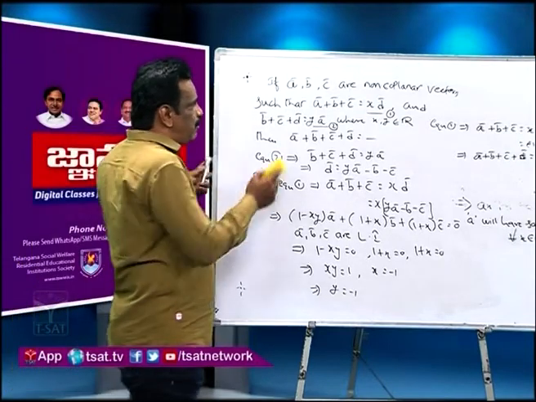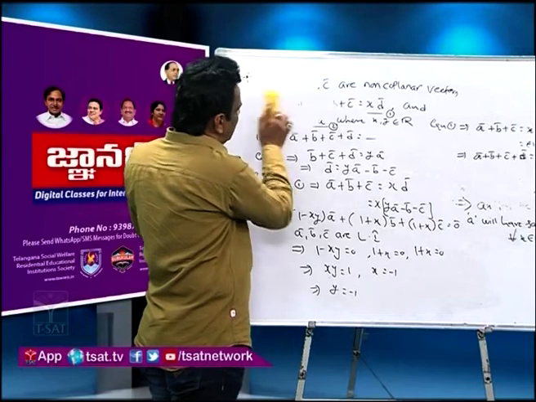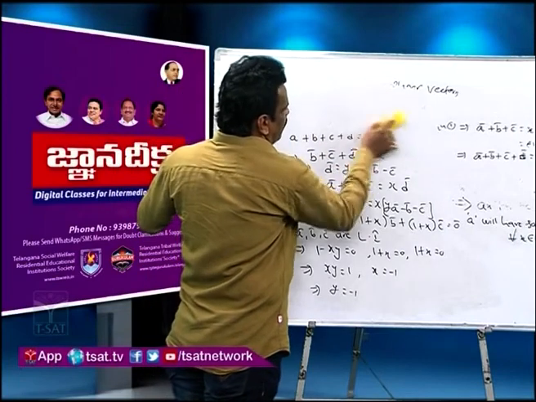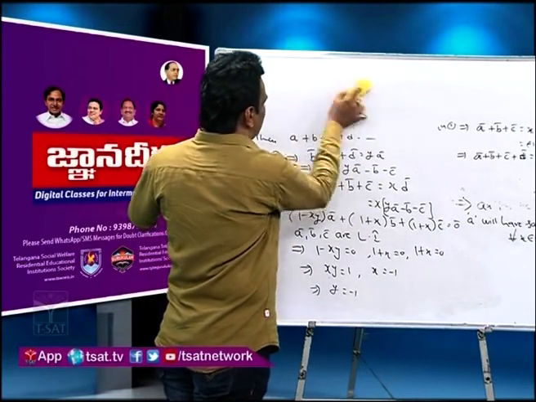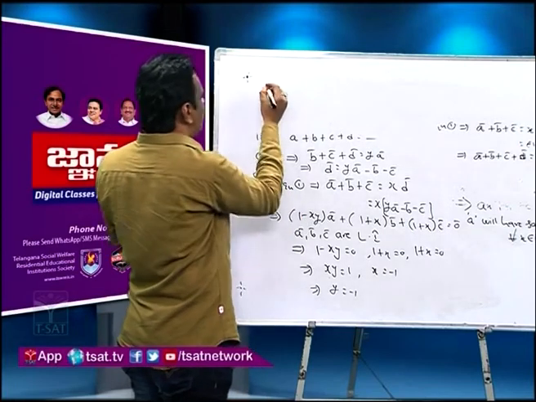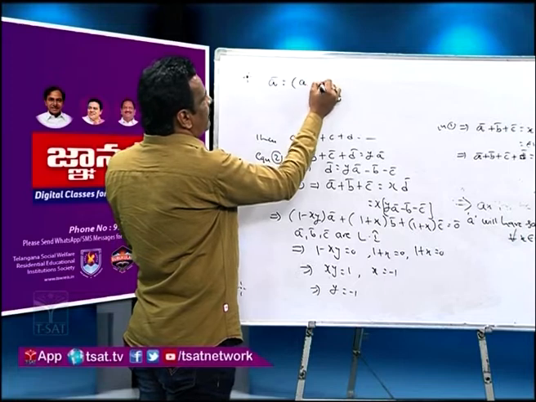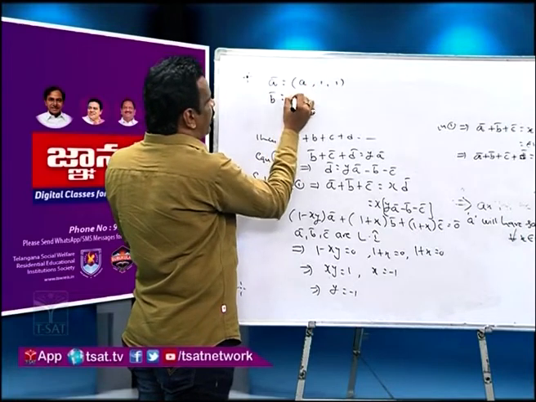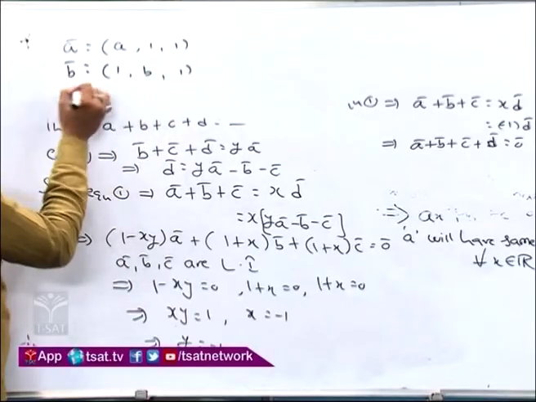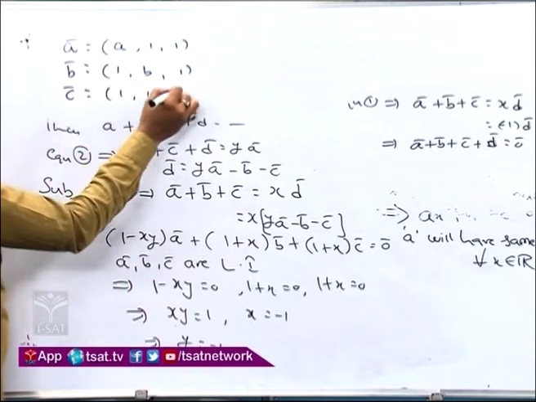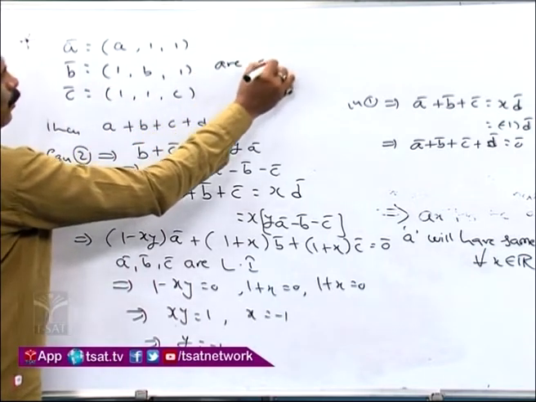And we discuss one more problem on coplanarity. A bar equal to A11, B bar equal to 1B1, C bar equal to 11C are coplanar, suppose.